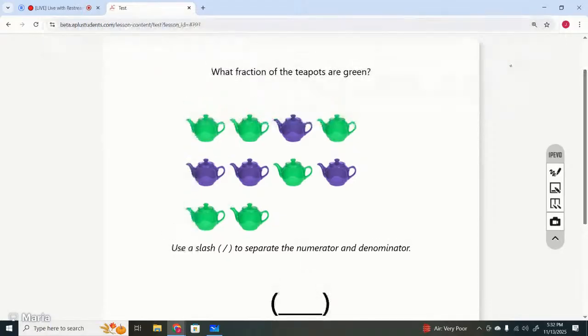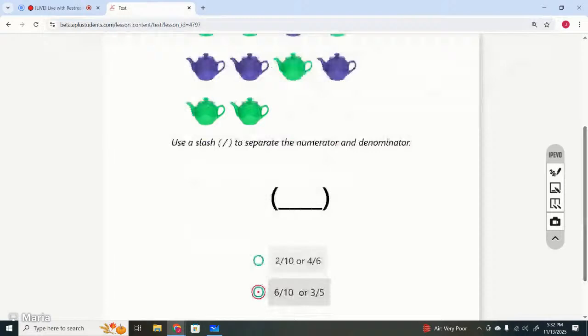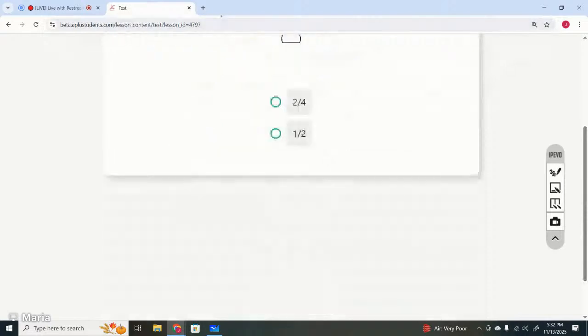No, we need to find green. So 6 out of 10 it is, because some are green and all of them are yellow.